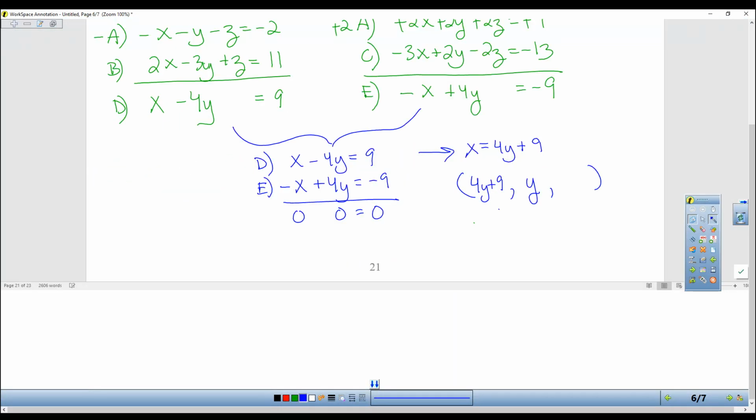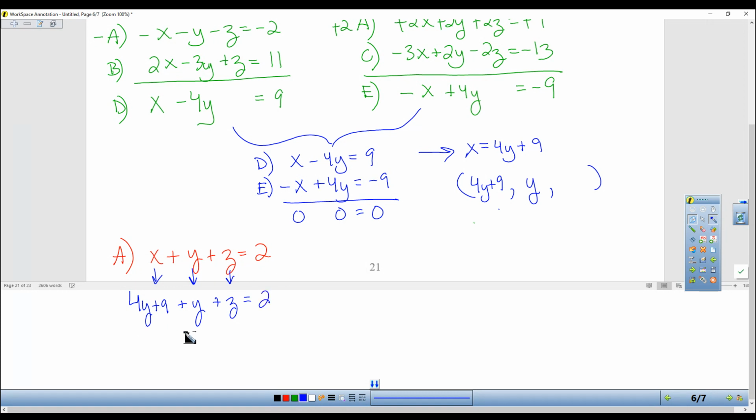And last, you're going to have to go back to one of the originals with what you know so far. I'm going to pick A again. I really like A. So A is x plus y plus z is equal to 2. I'm going to fill it in as 4y plus 9. Y is y. And z is what I'm going to solve for, so I want to leave it there temporarily.